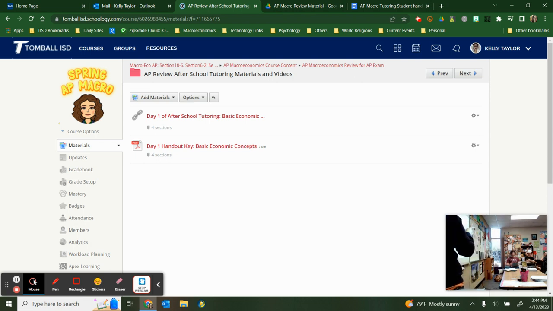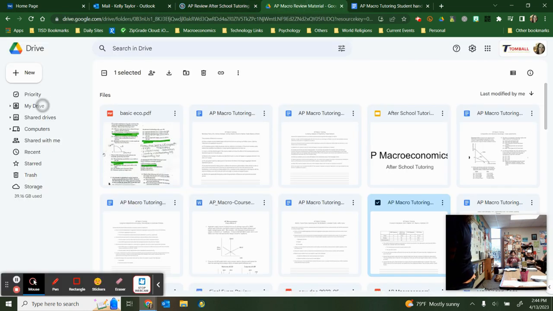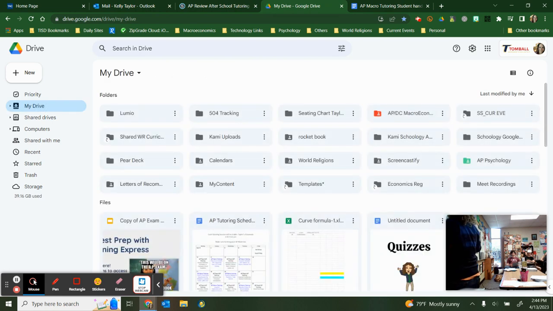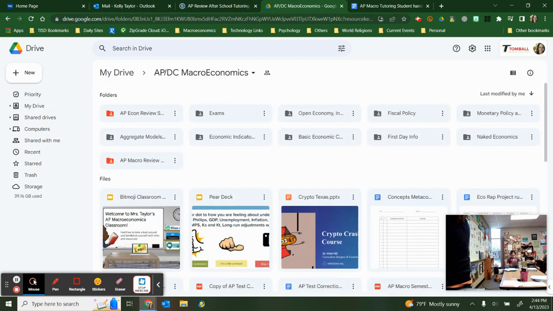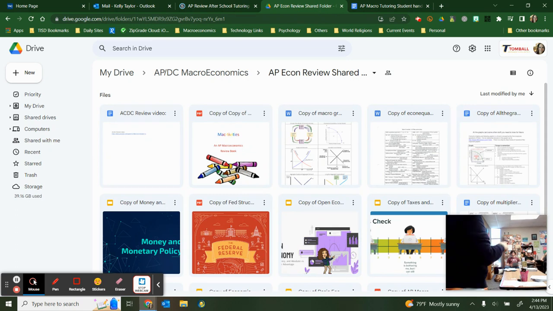Fall semester kids, I have a Google Drive that I'm going to share with you where I will dump stuff in. You'll get the key for those things there since I can't share with you through Schoology.